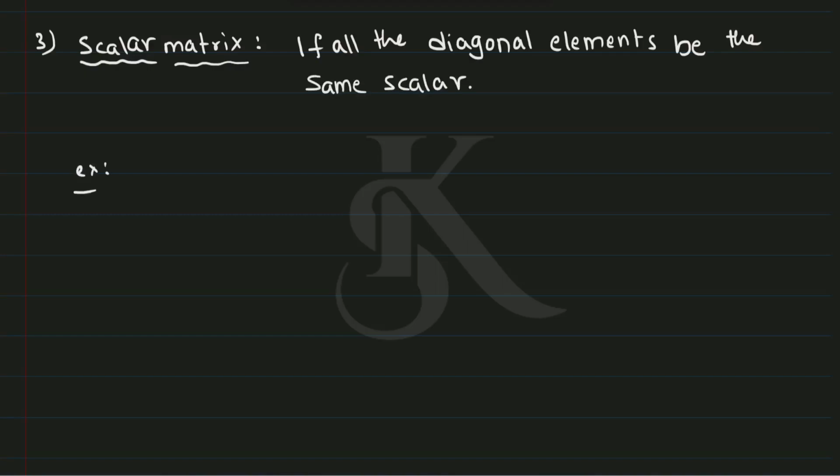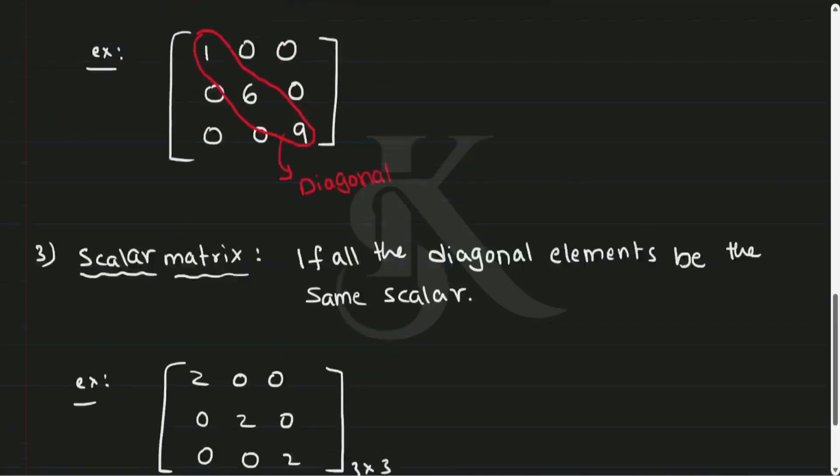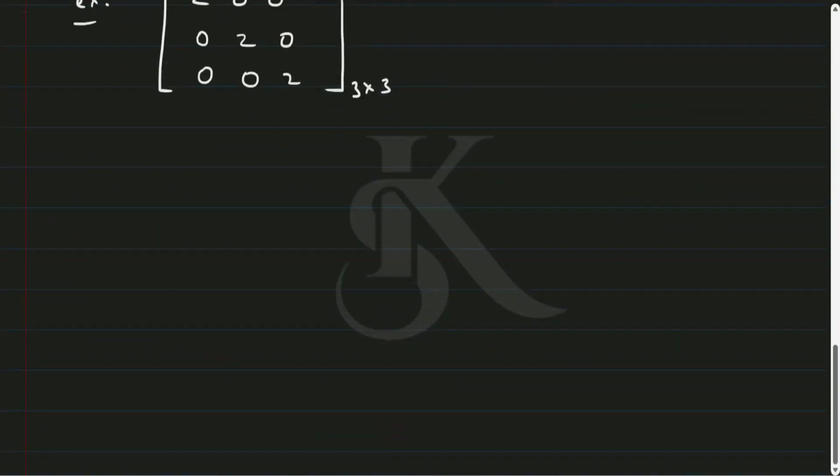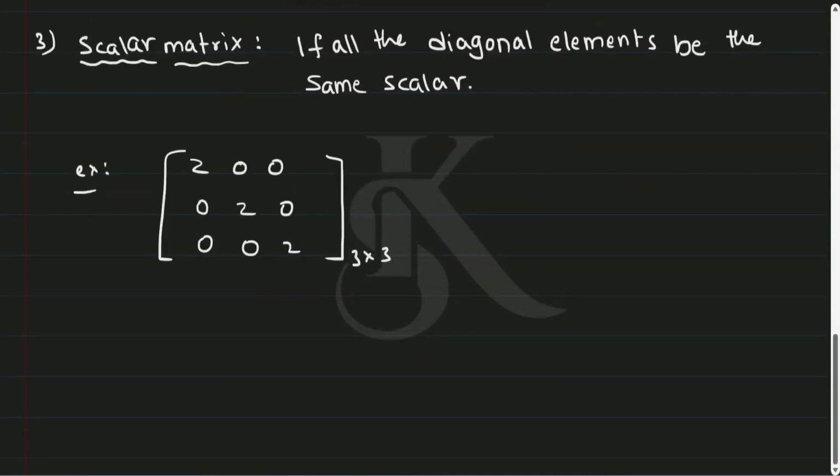Example is 2 0 0, 0 2 0, 0 0 2. See, these all are square matrices. Here also it is 3 by 3. See here in the diagonal, you will find the numbers are the same, right?